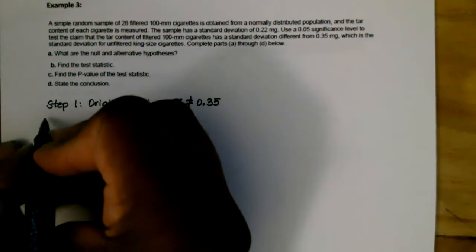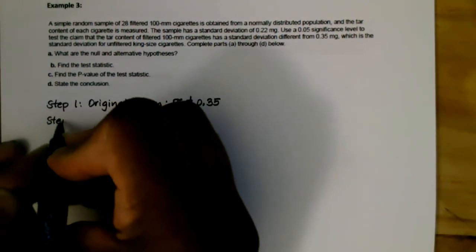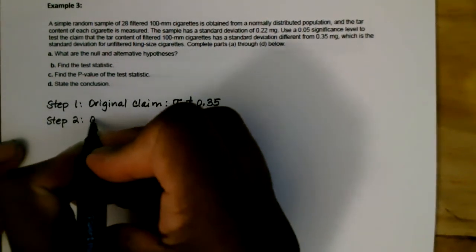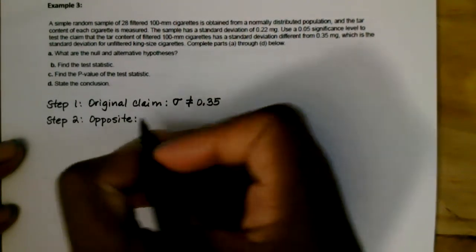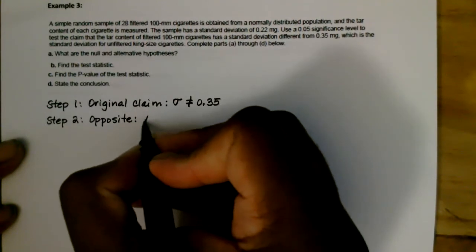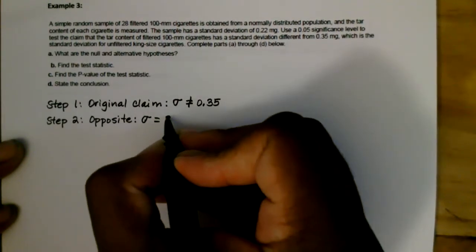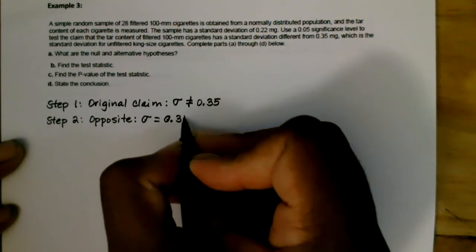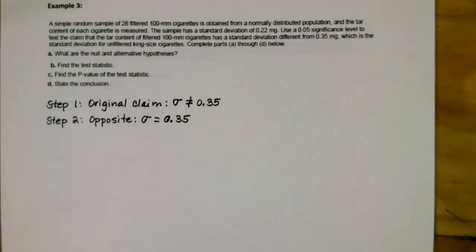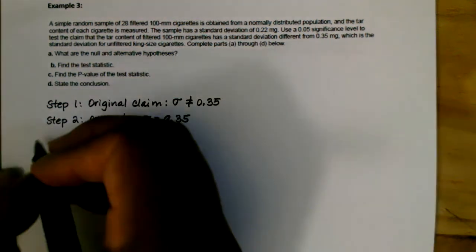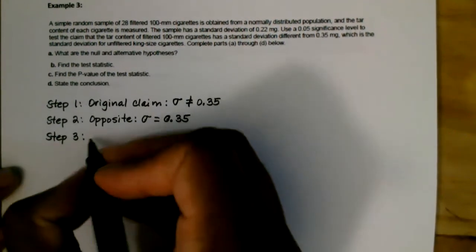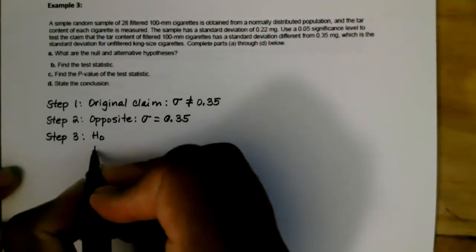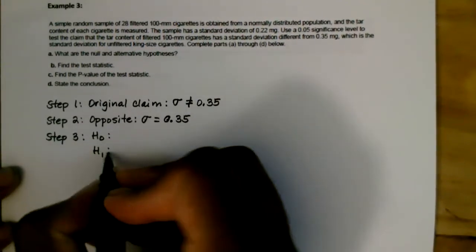Now, step number 2 is the opposite of the original claim. Well, the opposite of not equal to has to be equal to, so this will be sigma is equal to 0.35. All right, and then step number 3 is identifying the null and alternative hypothesis.